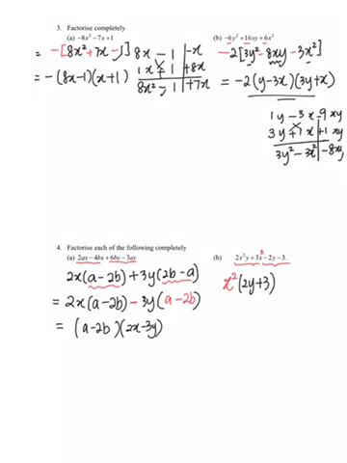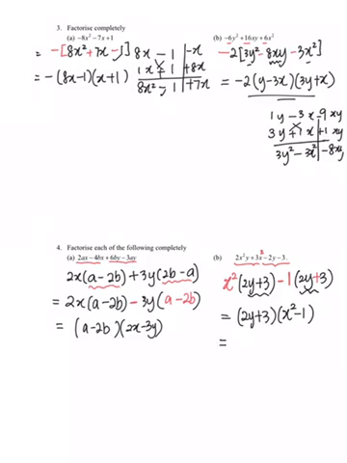And for this one over here, I will factorize out a negative 1 to give me a 2y plus 3, so that these two will become similar. And then I will have a 2y plus 3 with x squared minus 1.